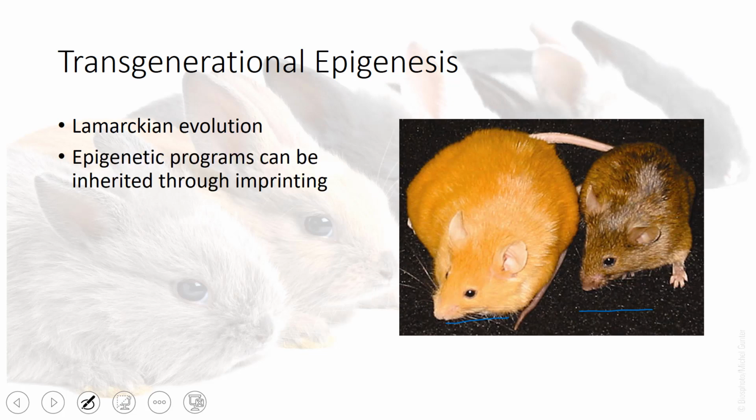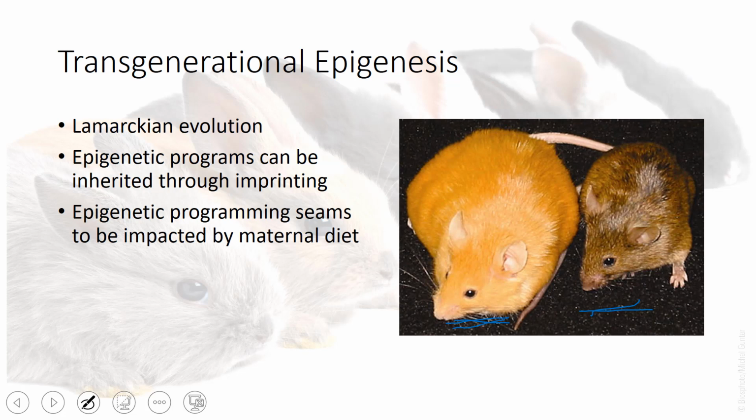But what we find is that there are some epigenetic programs that can be inherited through imprinting or through other mechanisms, and we'll see this especially with this color. We've got a mutant allele, which is yellow, that if it is methylated is not expressed, and you get the agouti coloration and normal size, but if it is unmethylated, you get the enormous size and the yellow coloration.